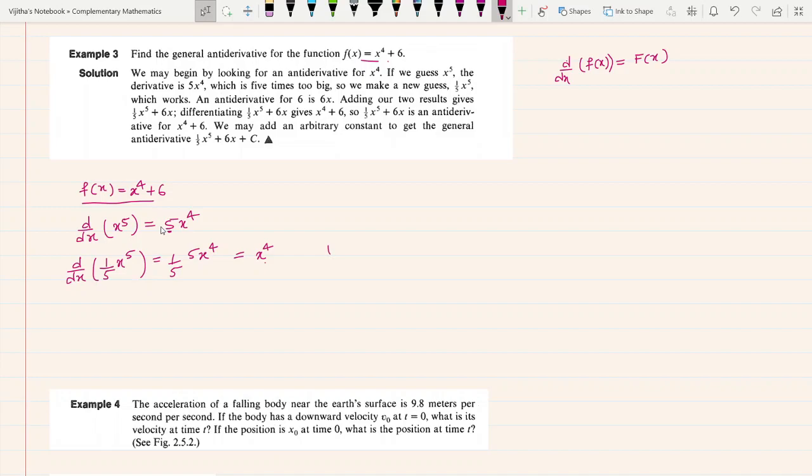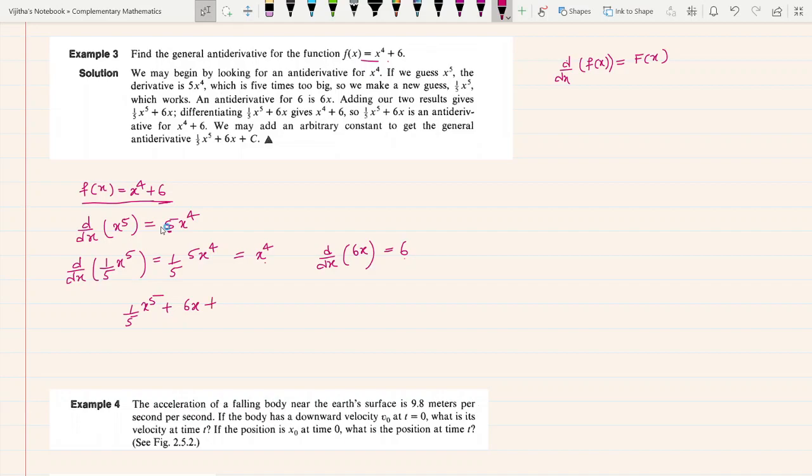And we also know that d by dx of 6x is 6. So 6x is the antiderivative of 6. So what is the antiderivative of this function f of x? We will get 1 by 5 x raised to 5 plus 6x.